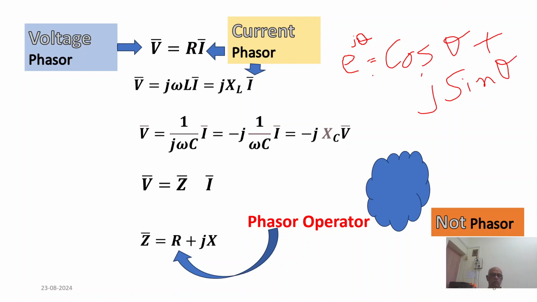So the moment you multiply it by j, there is a phase shift.